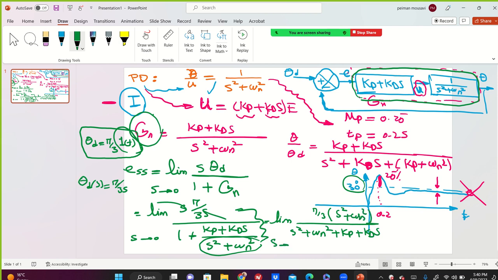When S goes to 0, this S goes to 0, this S goes to 0, this S goes to 0. So the steady state error signal of this system is going to be pi over 3 times omega n square over Kp plus omega n square.